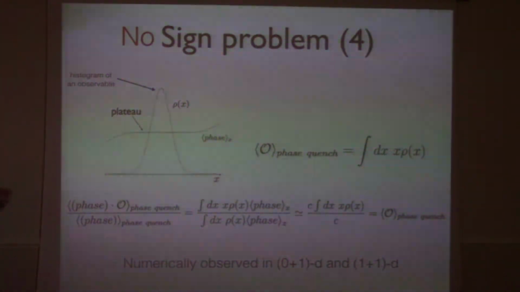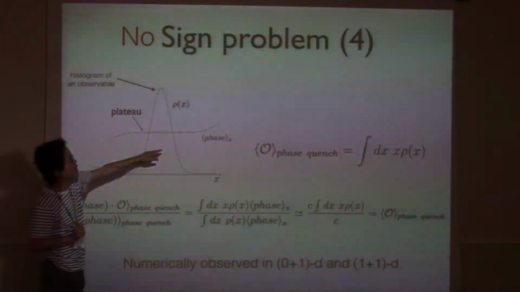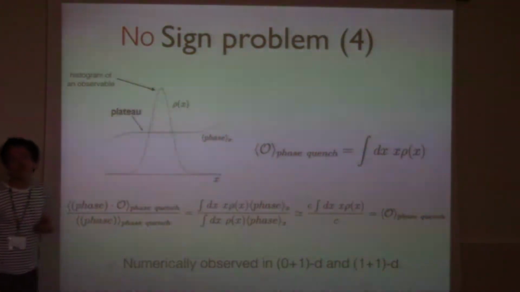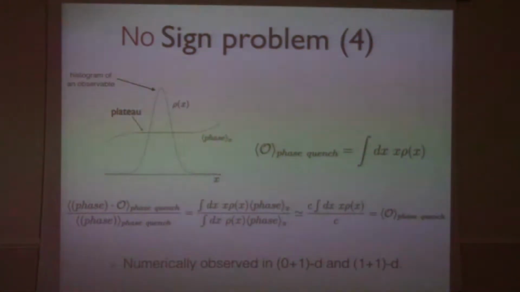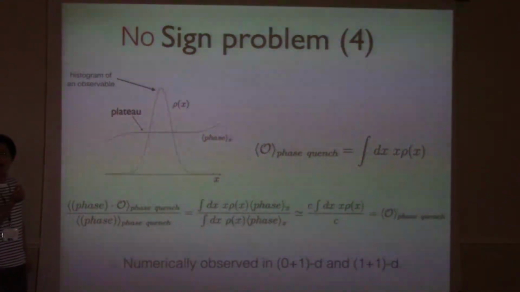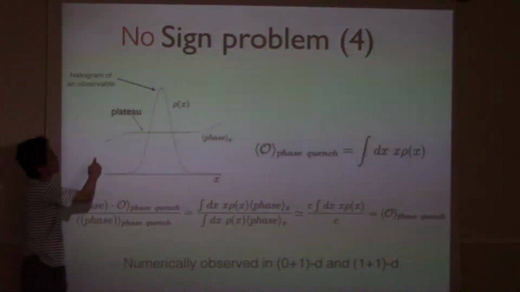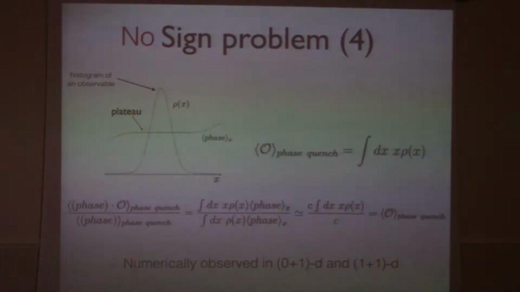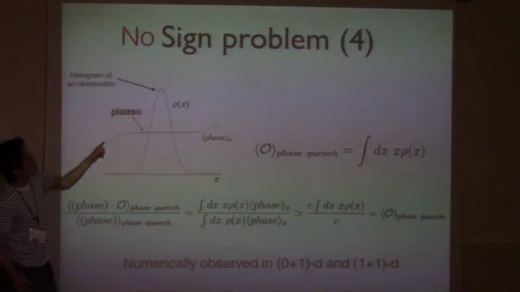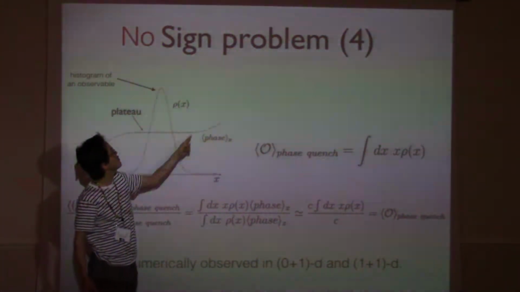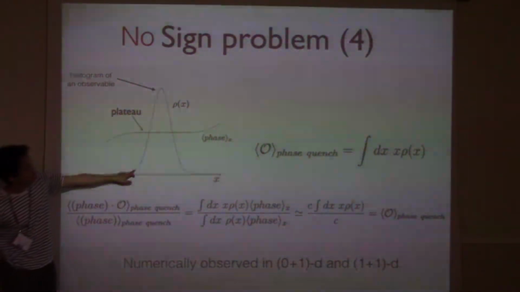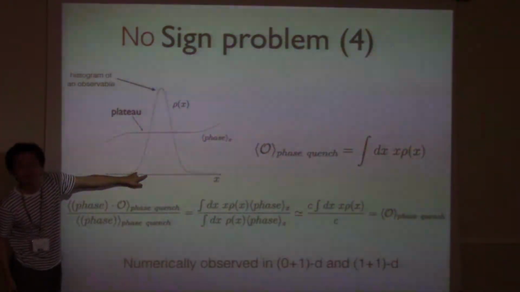Okay, and imagine this phase factor calculated for a fixed value of the observable. So you fix the value of energy, and you measure the phase factor for each fixed value of energy, and you plot it as a function of energy. And imagine the phase factor is constant when this distribution has a non-zero value.